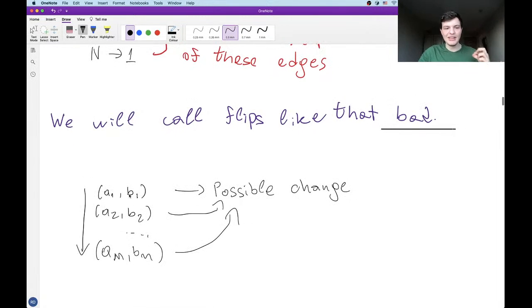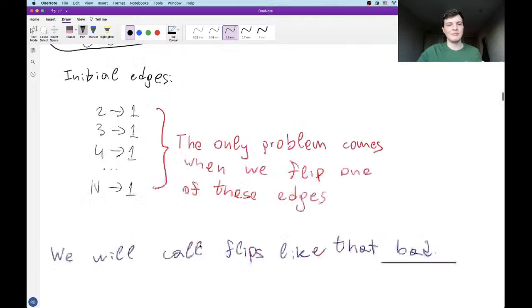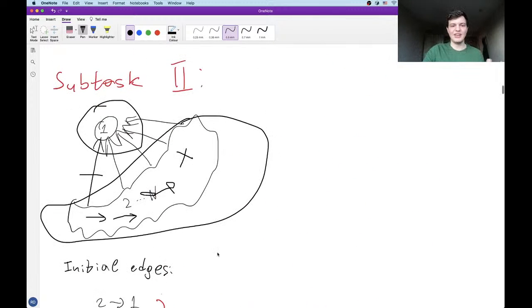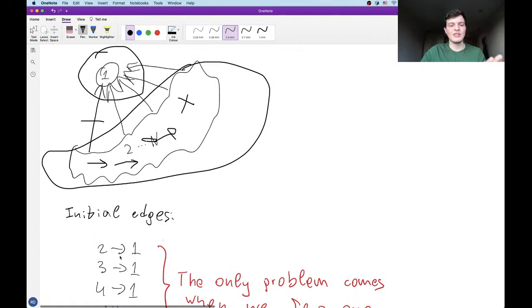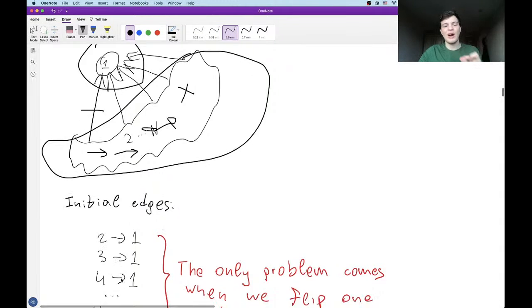However, if the edge is bad, the algorithm will work as follows. We start from A1, B1, and we go down until AM, BM. After each edge, if it's bad, then we'll possibly change our graph a bit. By graph, I mean this thing, which has some number of fixed edges. And right now, the initial fixed edges are just every vertex to 1.